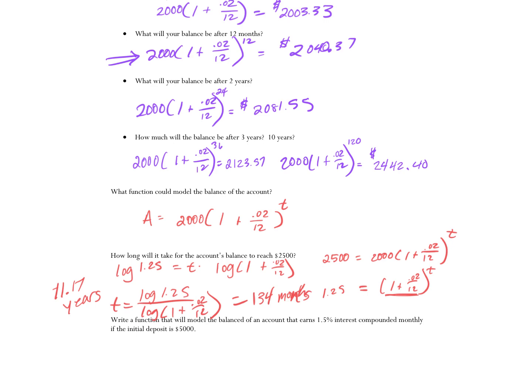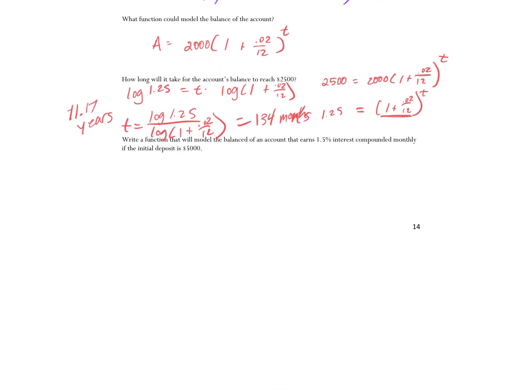Does anybody have the final function there for the last one? 5,000 parentheses 1 plus 0.015 over 12, parentheses with a t in the exponent. In this case, t would be months.